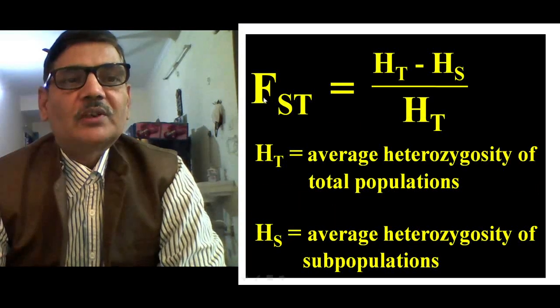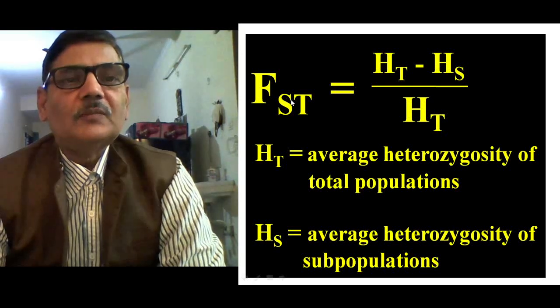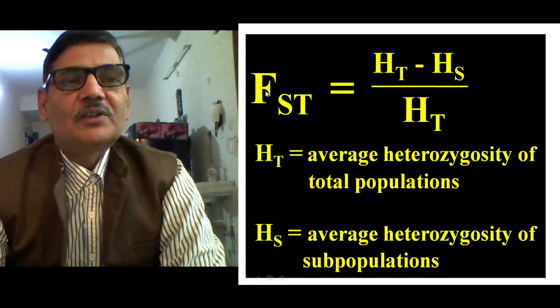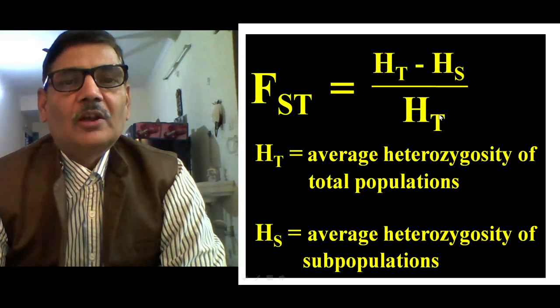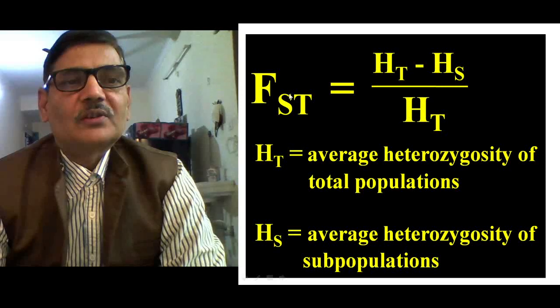The calculation of FST is based on the heterozygosity of the total population and also the heterozygosity of subpopulations. So this FST is calculated using the formula HT minus HS divided by HT. The subscript S refers to subpopulation and T refers to total population.